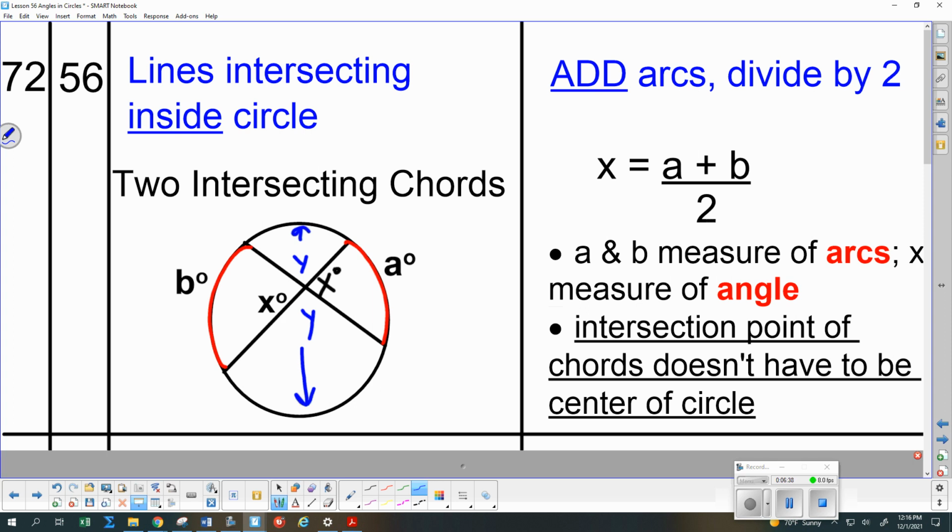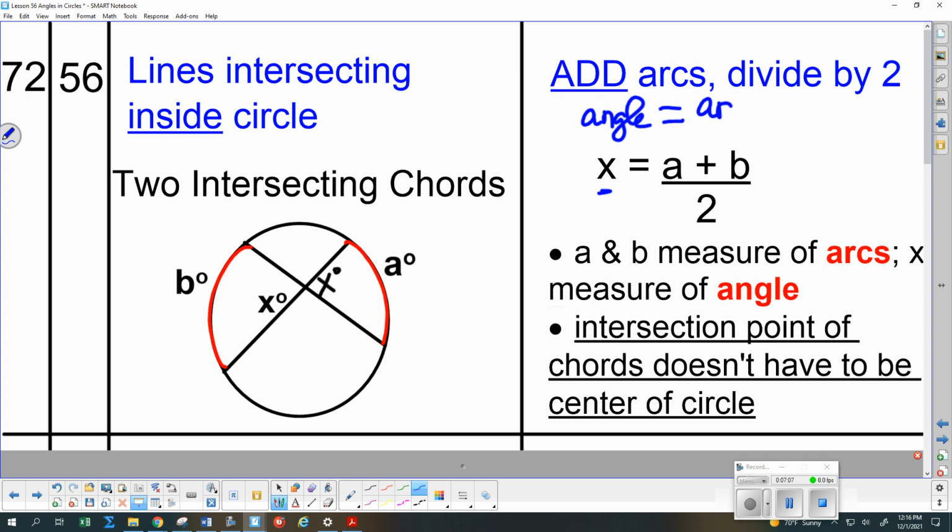Do not try to memorize these formulas with these letters. Instead, memorize it X, and if I come over here and look at my picture, X was my angle. So I want you to memorize this as the angle equals, A and B are both arcs, right?